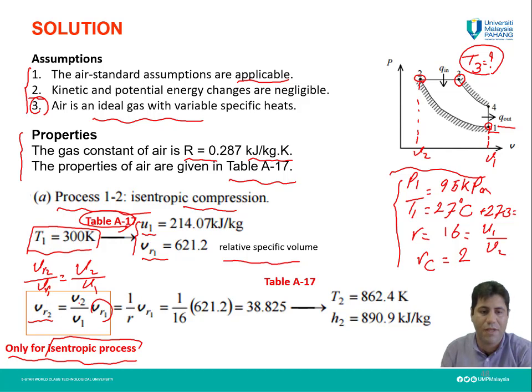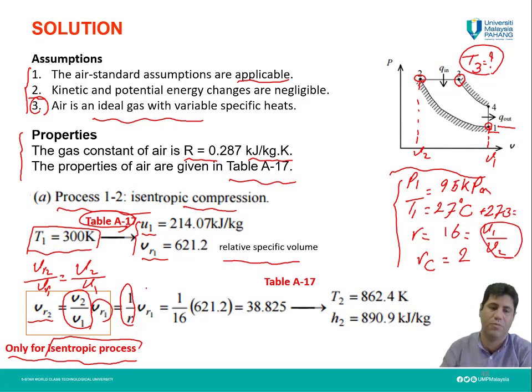What we have here is V2 divided by V1, so this is 1 divided by R. Comparing with R equal to V1 divided by V2, V2 divided by V1 will be equal to 1 divided by R.